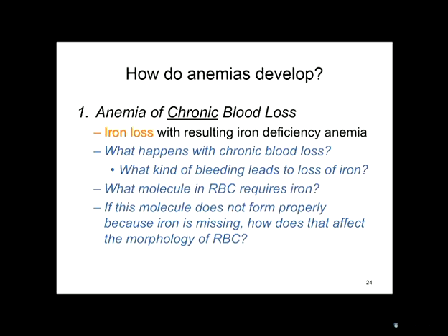Okay, so either way, you have some evidence in the stool, and so you're losing and losing and losing, and the patient hasn't changed their diet. They're still eating as much meat or vegetables that contain iron in them. And by the way, meat is better than vegetables.